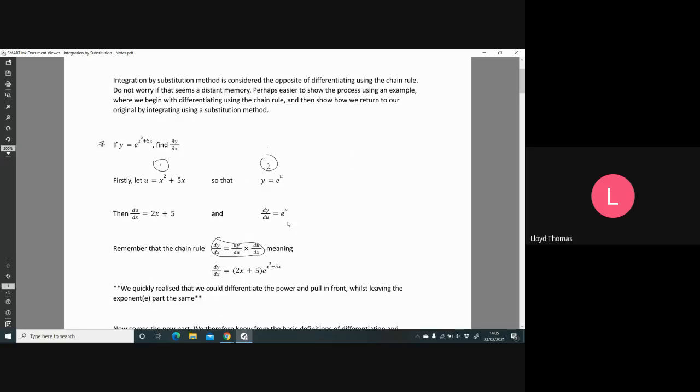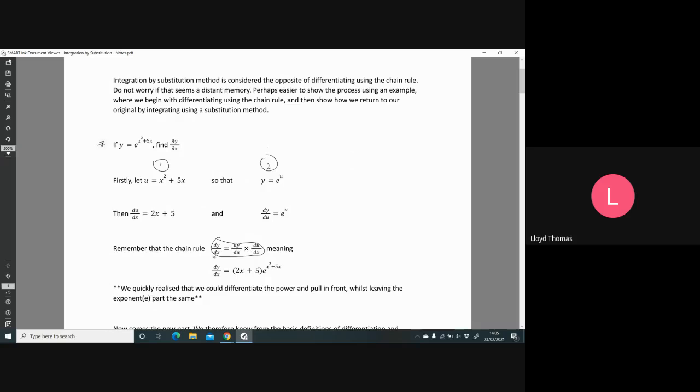And if I differentiate those two things, I end up with du by dx, because I'm differentiating u with respect to x. And I end up with dy by du, because I'm differentiating y with respect to u. So differentiating those two is nice and easy: 2x plus 5, and e to the u, e to anything, stays the same.